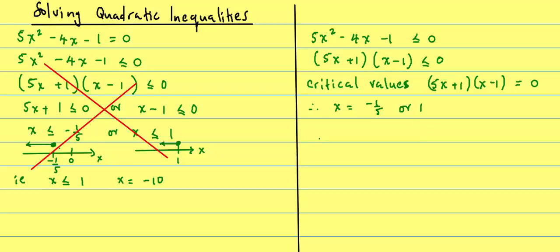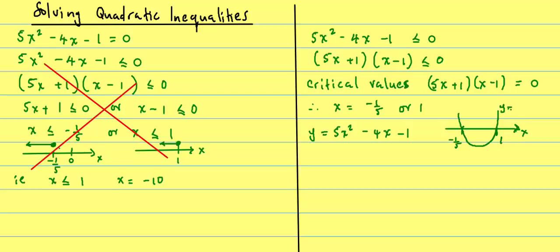We now sketch the graph of y is equal to 5x squared minus 4x minus 1, and then we're going to explore its behavior at these two extremes. We all know that it is going to be a parabola which is going to look something like that, intersecting the x-axis at minus a fifth at this point, and intersecting here at 1.